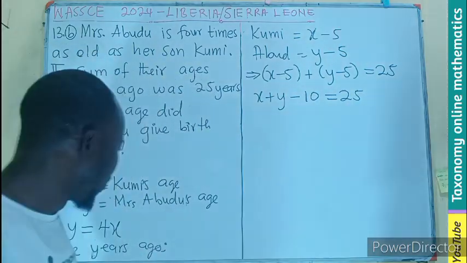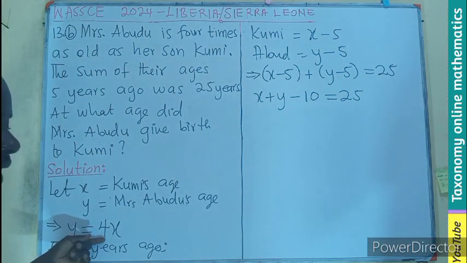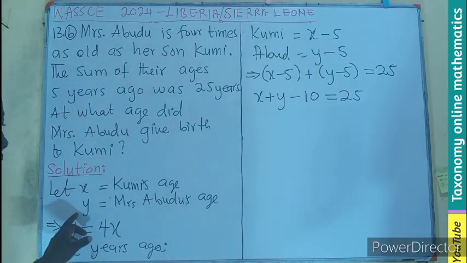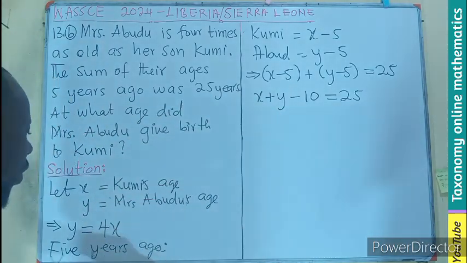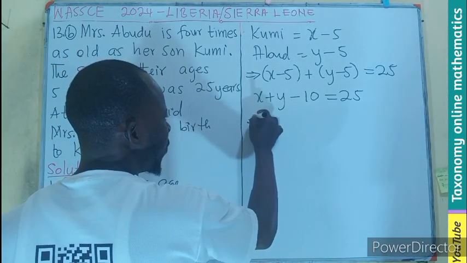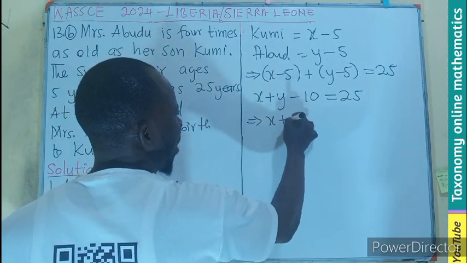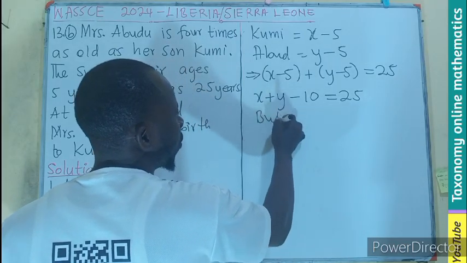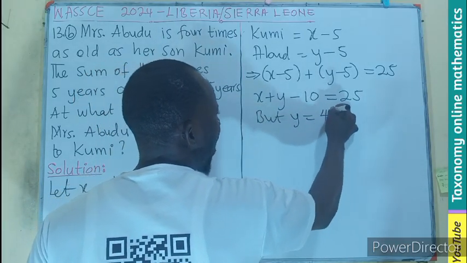This is one equation, this is the other equation. You can see y equals 4x, so wherever I see y here, I will introduce 4x. So this will be x plus 4x.